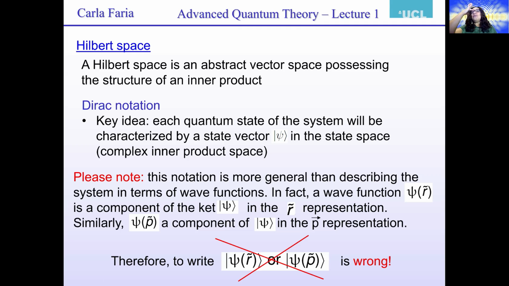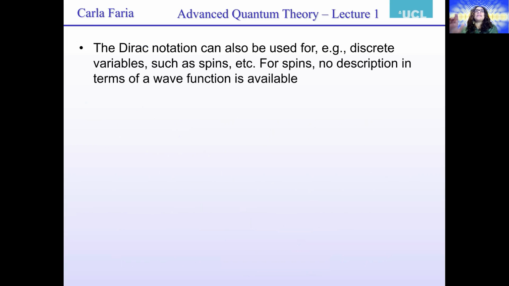So please don't do that, but be aware that a lot of people use this kind of misconception. And we're going to discuss this later on in the course, why not, when we define position and momentum representation. And if you're curious, you can have a look at Cohen-Tannoudji, Diu and Laloë, chapter 2, Quantum Mechanics. It has a very good explanation, especially in the complements.